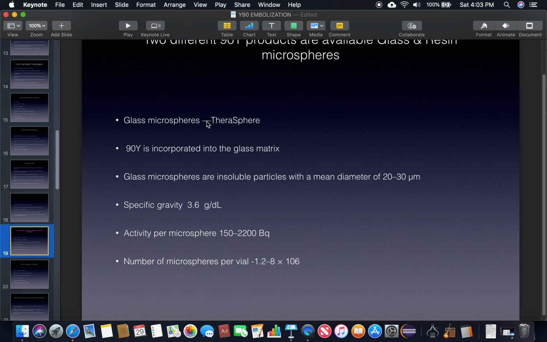The glass microspheres are called TheraSphere. In this, the yttrium is incorporated into the glass matrix. The size is 20 to 30 microns, specific gravity is 3.6, activity per microsphere is 150 to 2200.